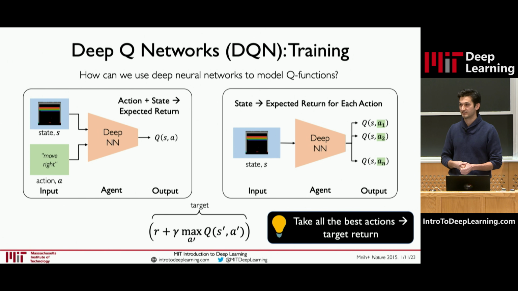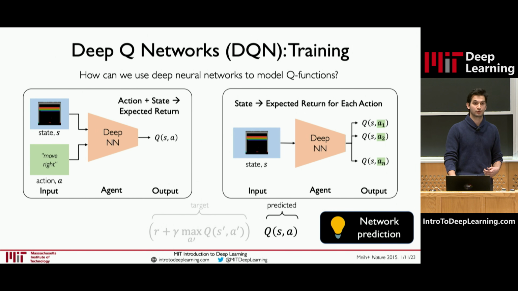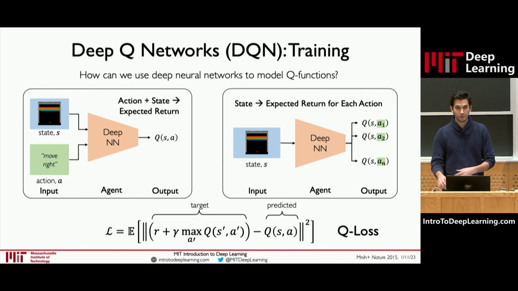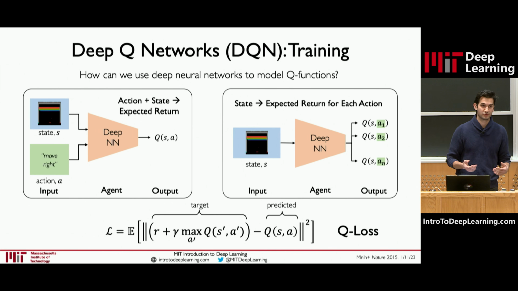Now we can ask what our neural network predicts. So that's our target, and we recall from previous lectures, if we have a target value, in this case our Q value, which is a continuous variable, we also have a predicted variable that comes as part of the output for every one of these potential actions that could be taken. We can define what's called a Q loss, which is just a very simple mean squared error loss between these two continuous variables.